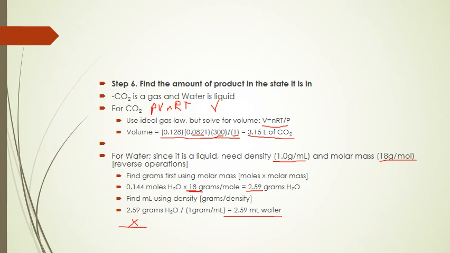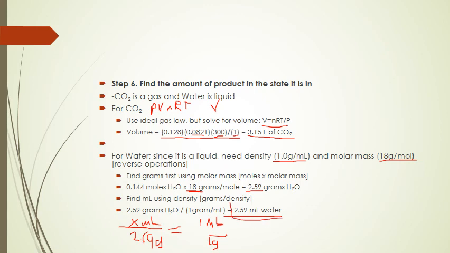So it'd be x milliliters over 2.59 grams, over 1 gram, 1 mL per 1 gram. You don't have to do it this way; you can use dimensional analysis. Then solve for x, and that's what you get.